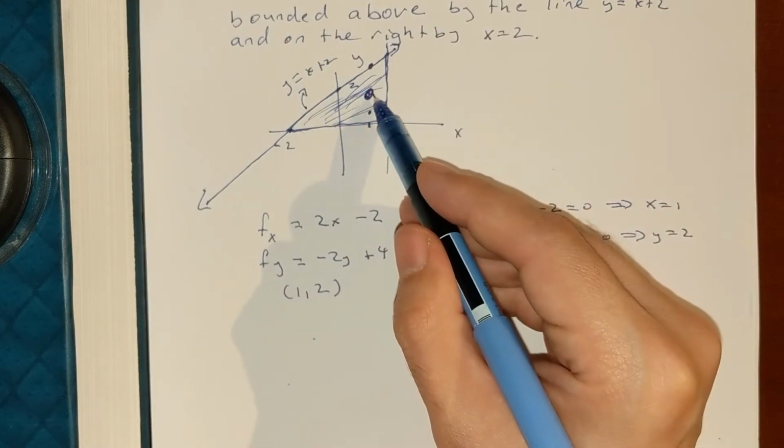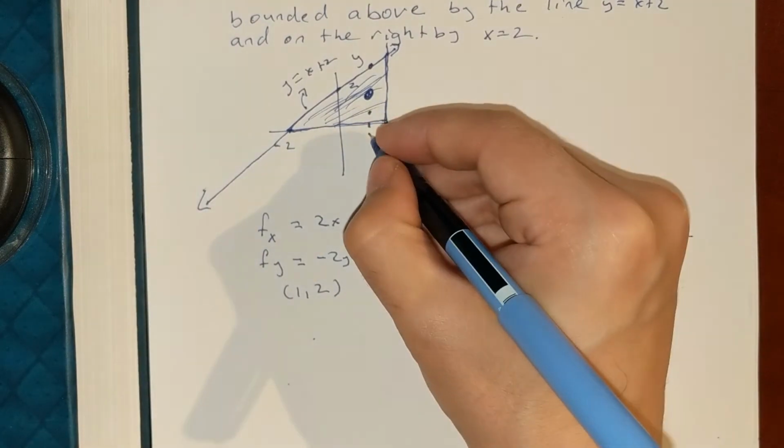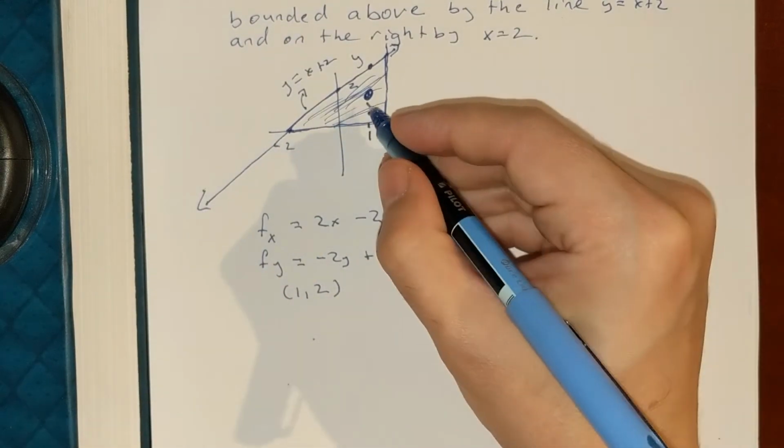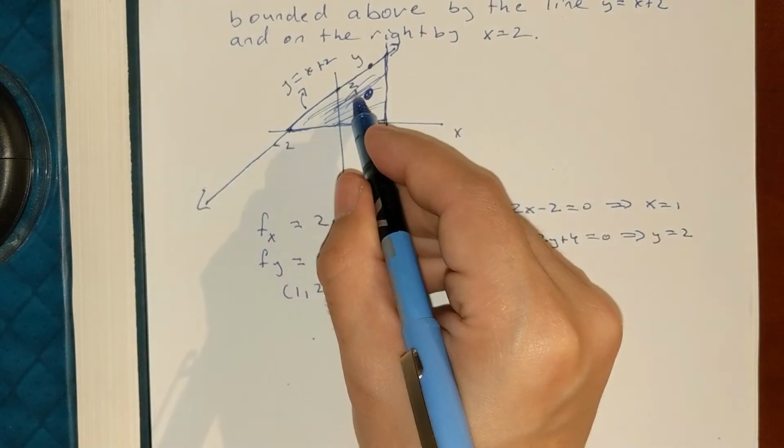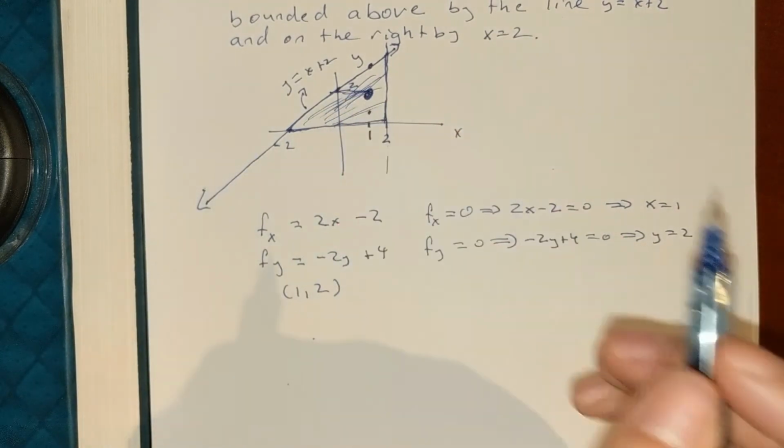Since I'm at 1, 2, it's below that, so I'm well inside the region. Sorry, I drew it wrong. It's exactly here at this point.